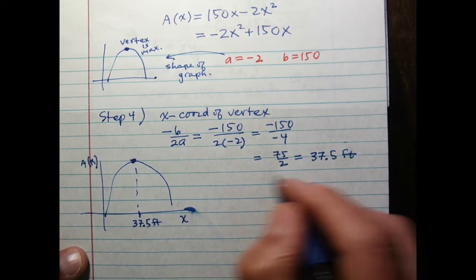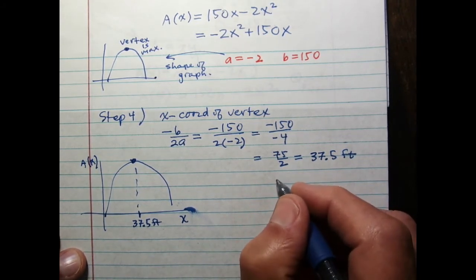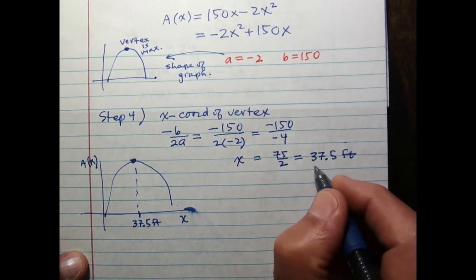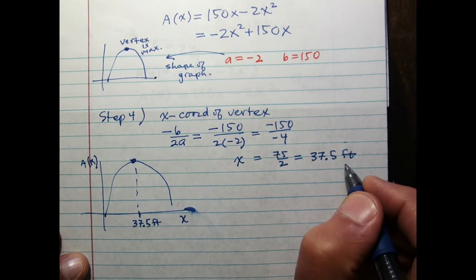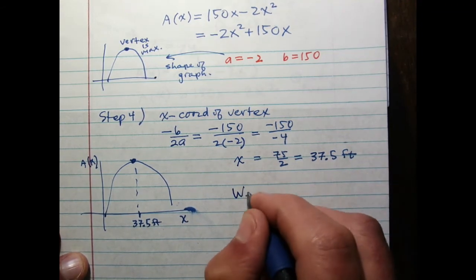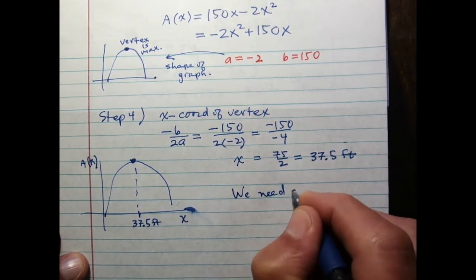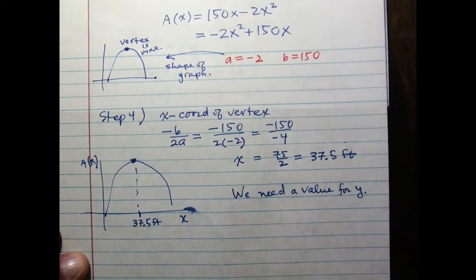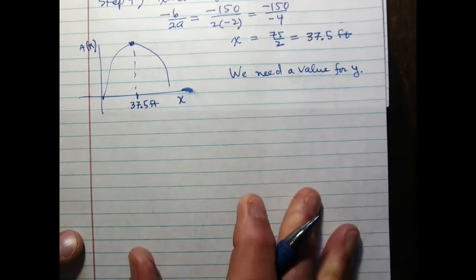So the x-coordinate is 37.5, but we need a value for y for the other dimension of our pen, right?